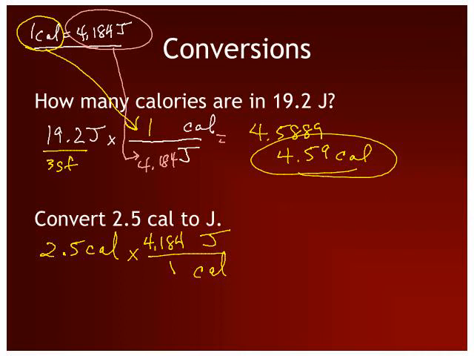If you just look at that conversion factor, just put whatever number's next to it, and it's real easy then to determine whether you multiply or divide. Since it's on top, I'm going to multiply. I get 10.46 joules. Okay, only 2 significant figures. We look at that 4, it says round down, so it just becomes 10 joules for my answer. So 10 joules.